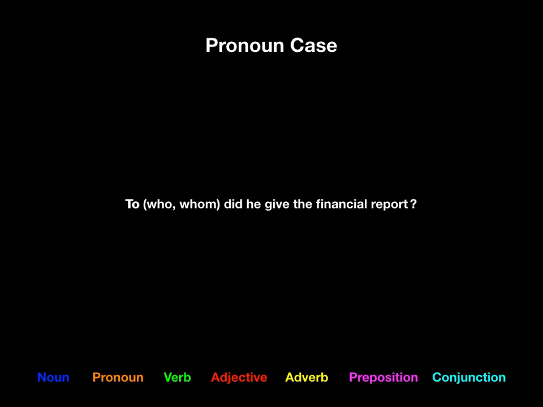We'll see that we have the word to. Since we have the word to, we will select who or whom. We will select whom. To whom did he give the financial report?